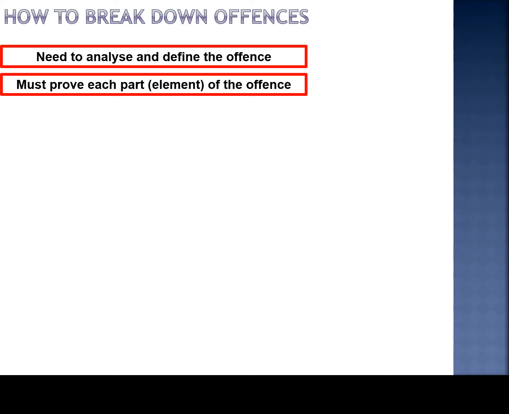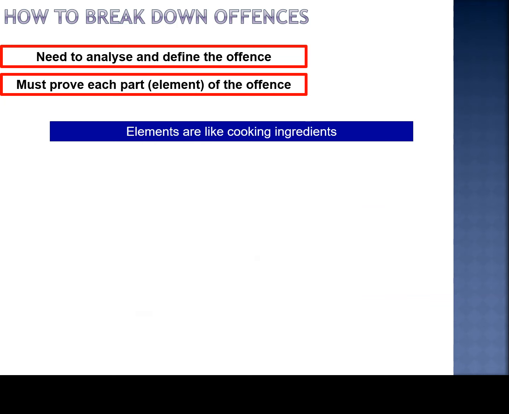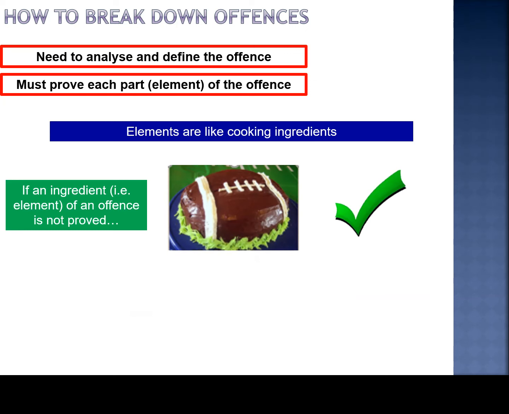So elements can be equated to ingredients, like cooking a cake. Elements are like the component parts in order to cook a successful cake. Where you have enough of the ingredients, you combine them in the right order, and you have all the ingredients in place, then you have a successful cake.